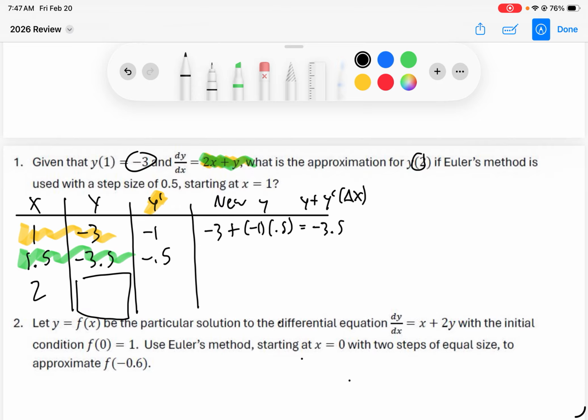To find the new y, I take that y, I add the change in y, which was negative, times the change in x. And if I get that, I get -3.75. And that would be our answer. So I would say y of 2 is approximately, because Euler's method just approximates, -3.75.